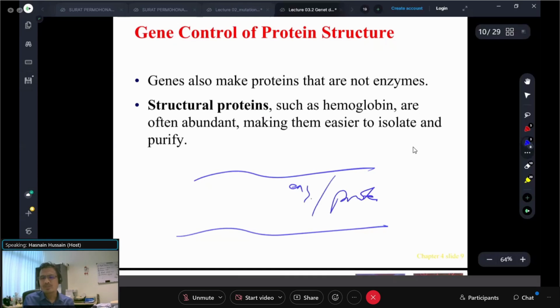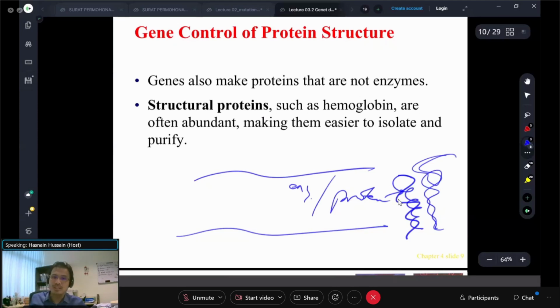Protein, as you learned in biochemistry, can also become a structure, consisting of alpha helix and beta pleated sheet. So a gene can also produce a protein that functions as a structure.